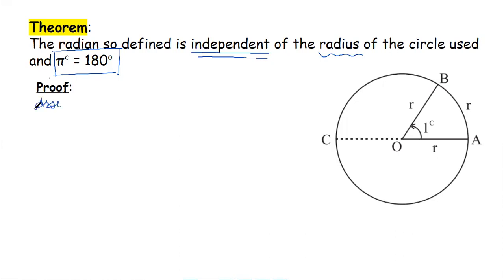So let's state the assumptions made in this particular theorem.